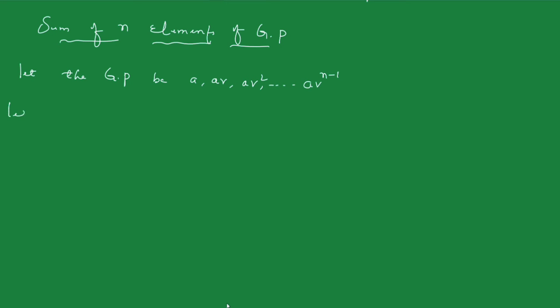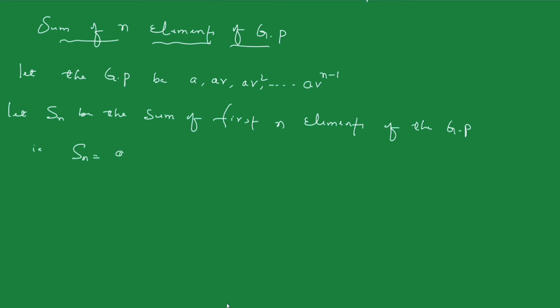So let Sn be the sum of the first n elements of the GP. So that is Sn, which is equal to a plus ar plus ar square plus so on ar to the power of n minus 2 plus ar to the power of n minus 1, right? So take it as equation 1.